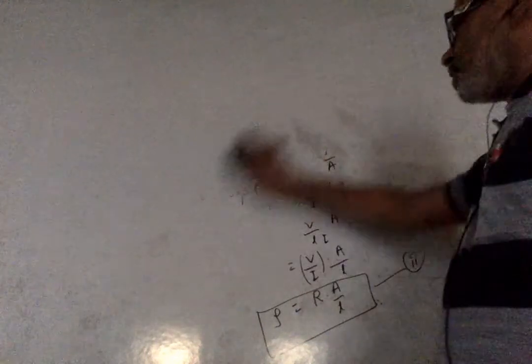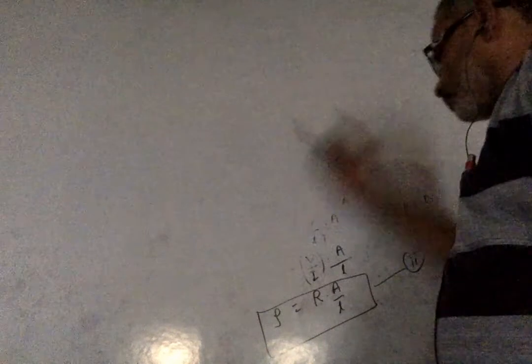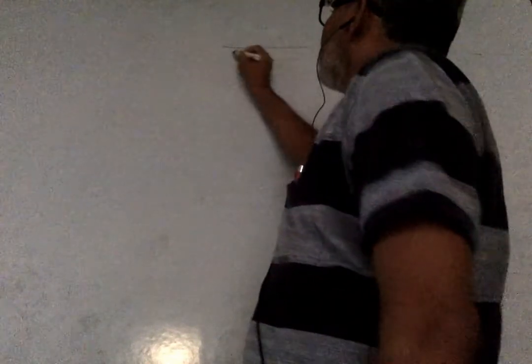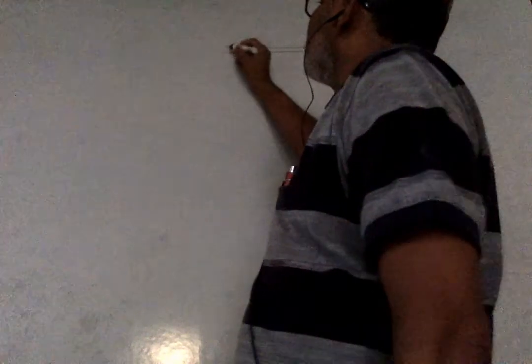The next term is Ohm's law. At constant temperature, the potential difference between two ends of a conductor is directly proportional to the current flowing through the conductor.